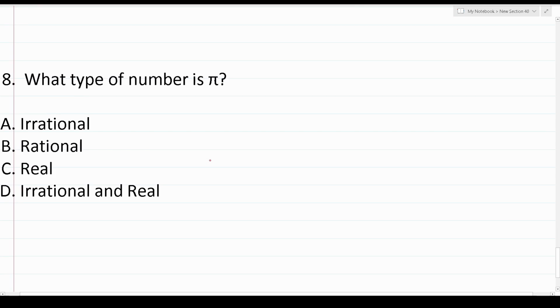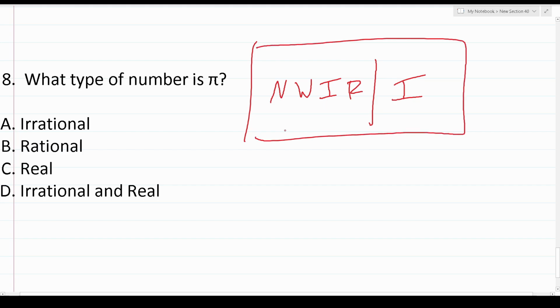All right, finally, we have 8, and it says, what type of number is pi? So again, if it's helpful, you can use my mnemonic device, N-W-I-R, big bar I, and then as we know, these are all real numbers. So the thing about pi is this.